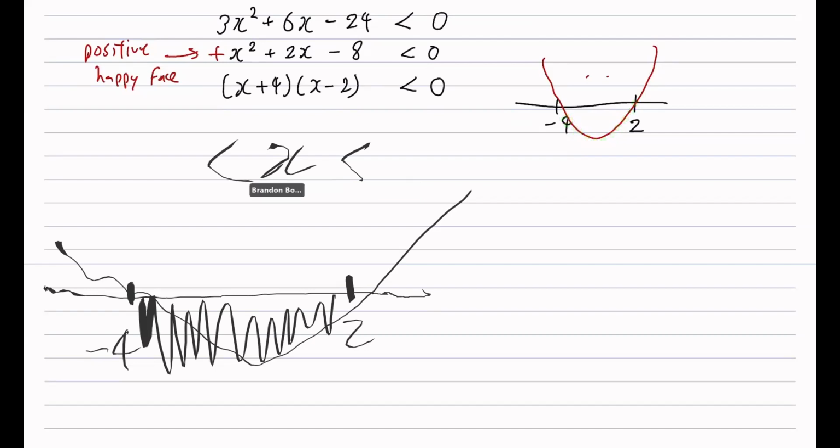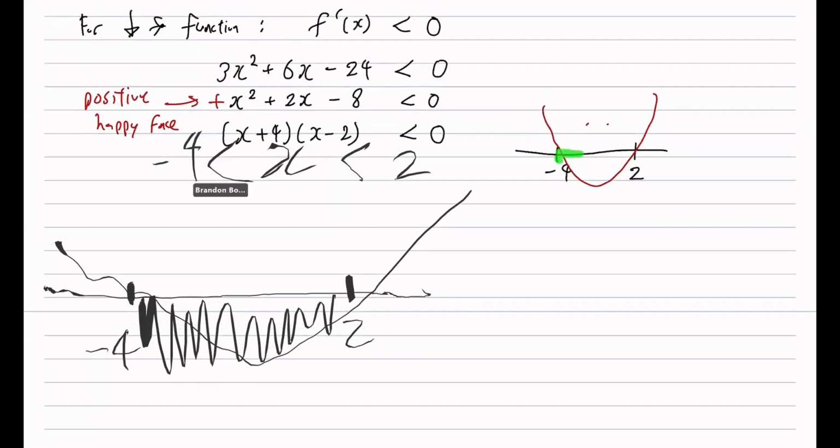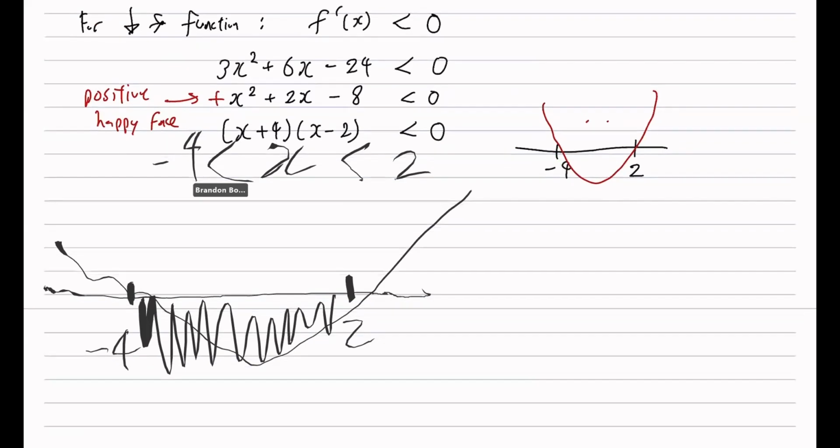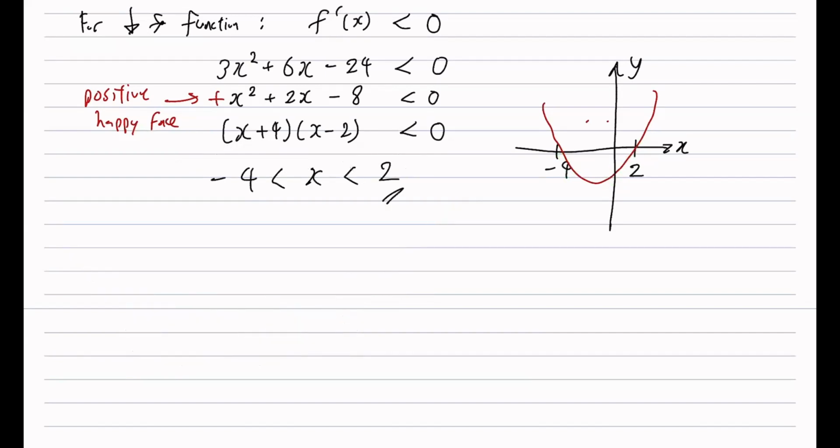Below the x-axis. Then here's negative 4, here's 2. So maybe the y-axis should be somewhere there. We're referring to the parts of the graph, the red color graph, where the y coordinates are negative, which is really just negative 4 less than x less than 2. You wrote the answer already. Okay, good. Then question 2, the rest will be homework practice.